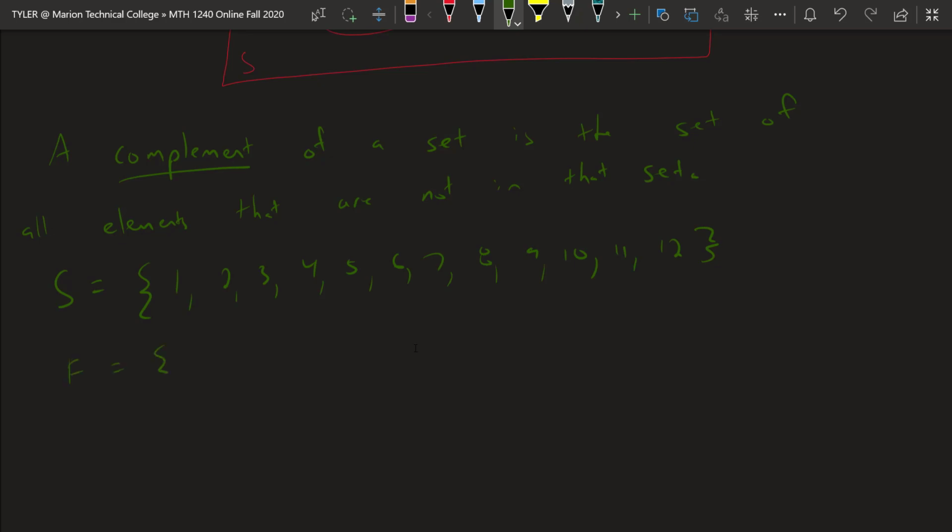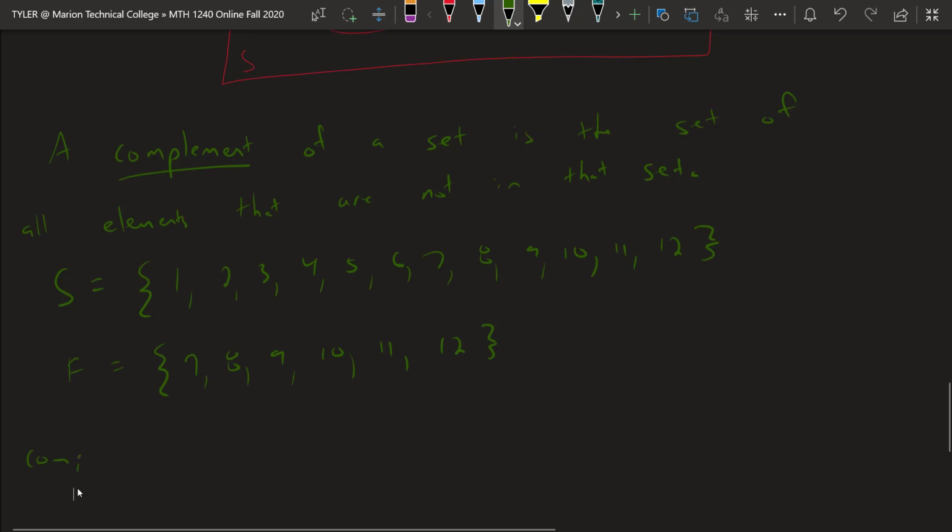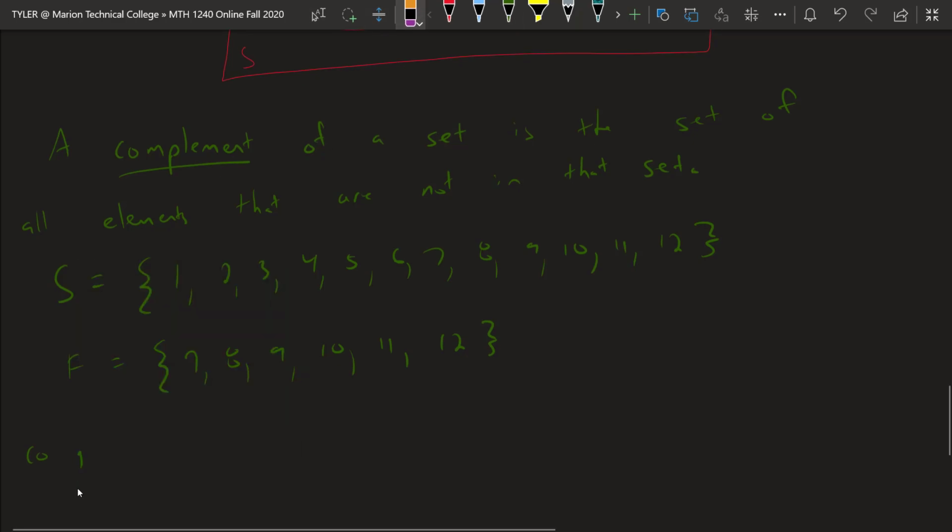F was equal to rolling a number bigger than 6, so that was 7, 8, 9, 10, 11, 12. If I wanted to find the complement of F, which we denote as F with a superscript C, it's not an exponent, but in that spot, that's how we denote F complement.